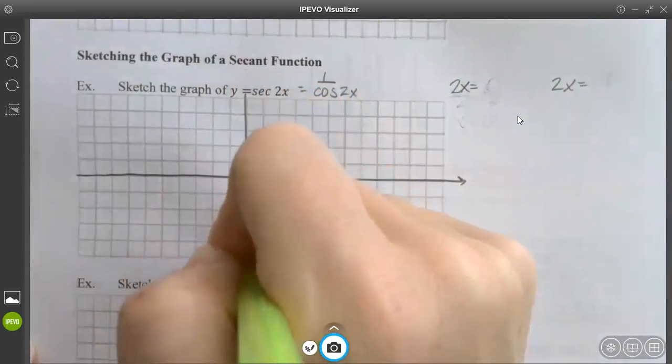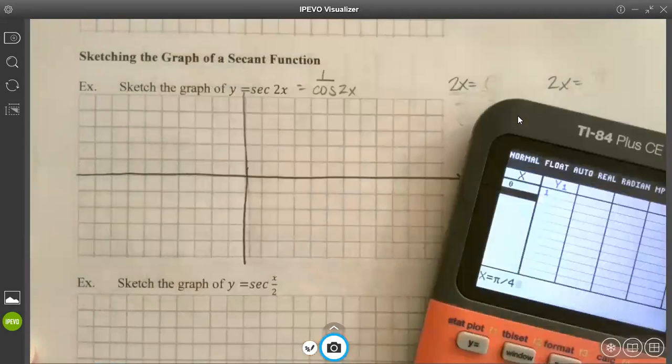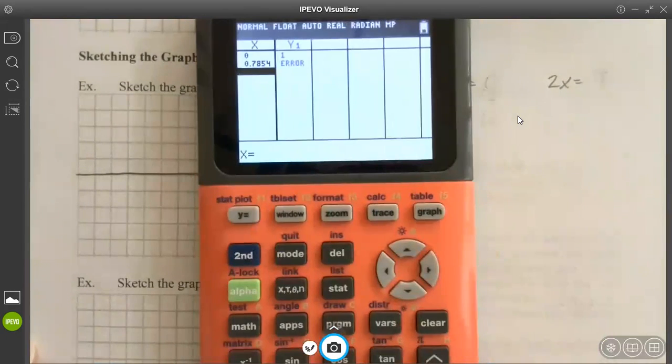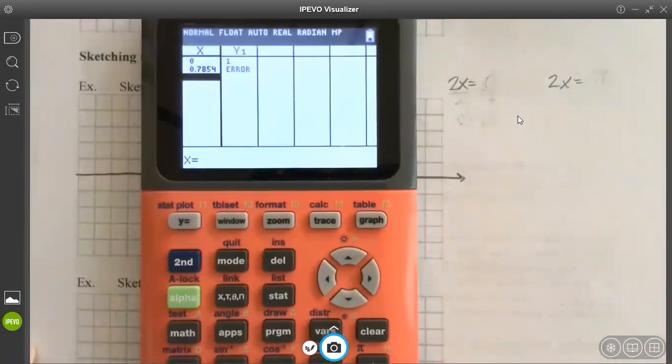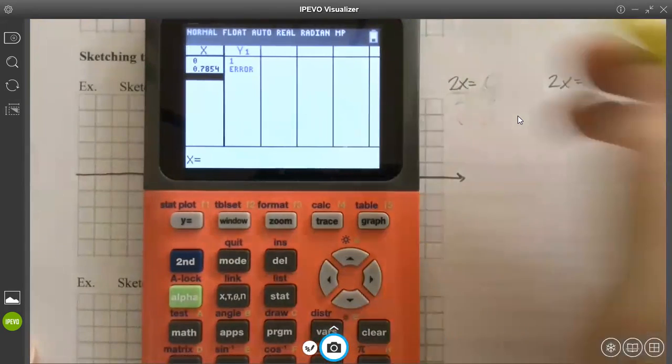Okay, pi over 4. What happened? How would we have gotten pi over 4? What do we have to have here?